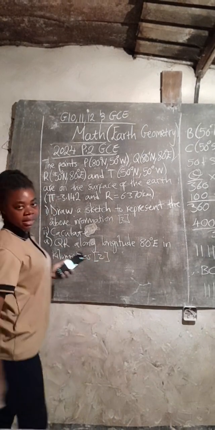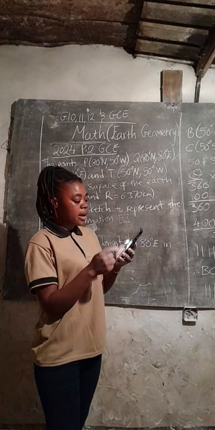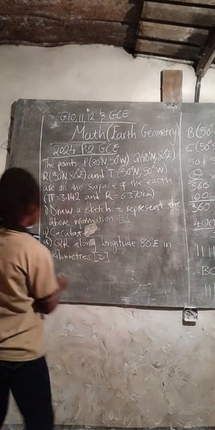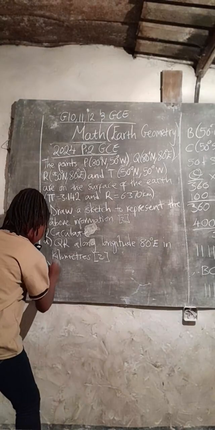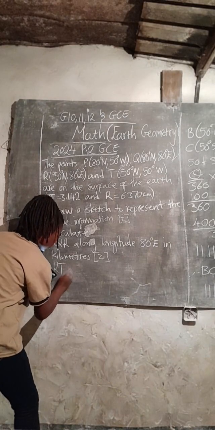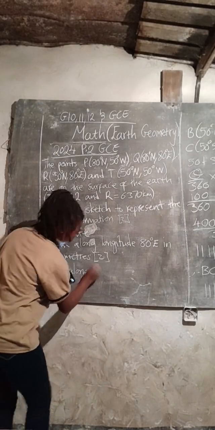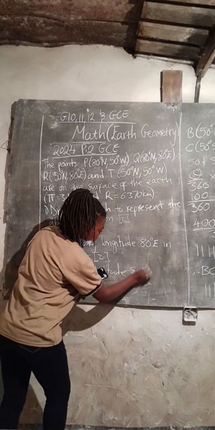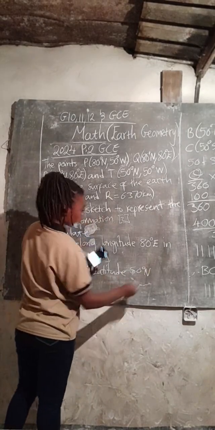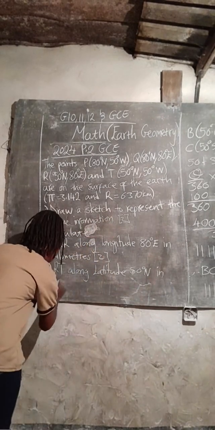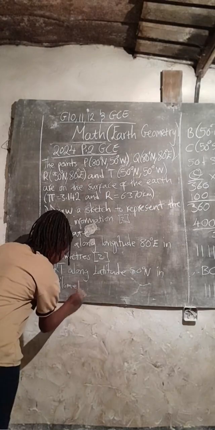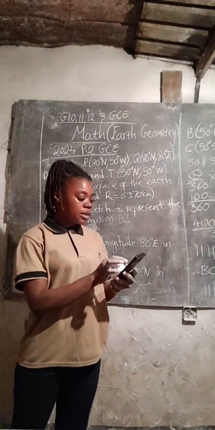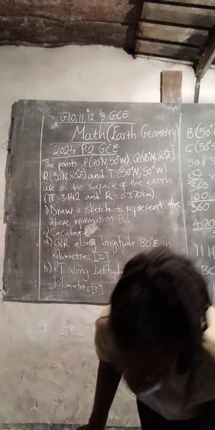This is the one on the great circle. The other one says calculate distance RT along latitude 50 degrees north in kilometers as well, 2 marks. So that is an exam question which came under GCE.